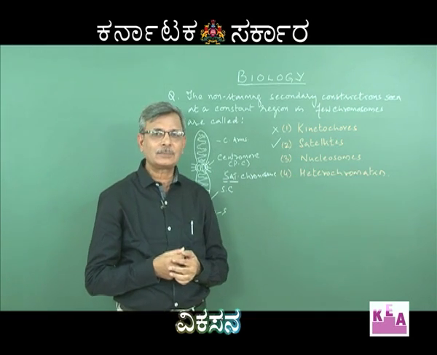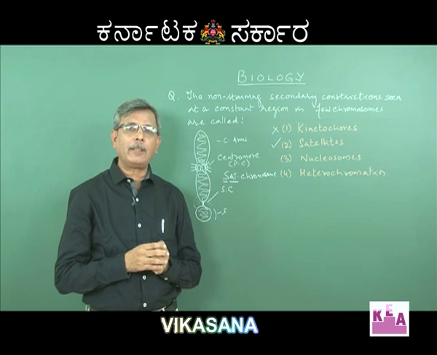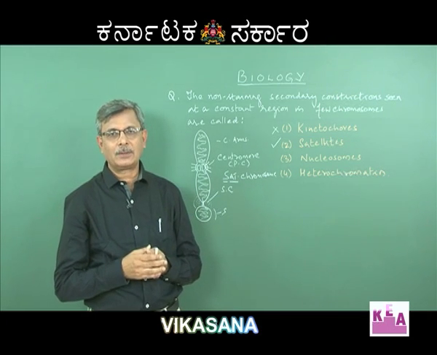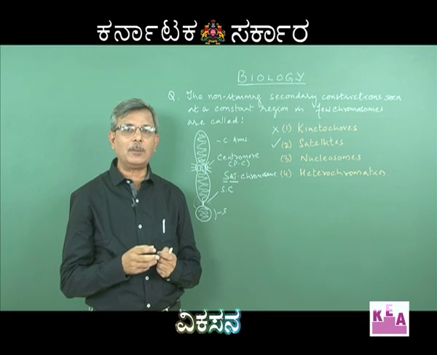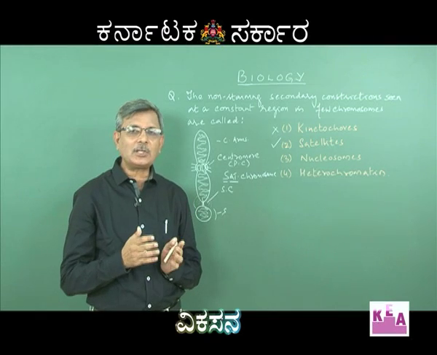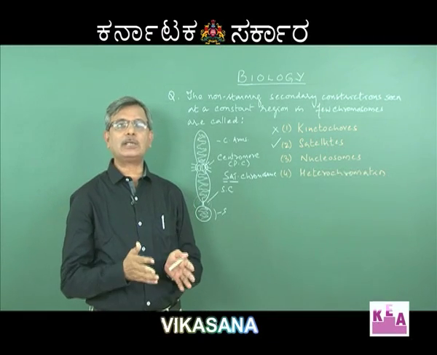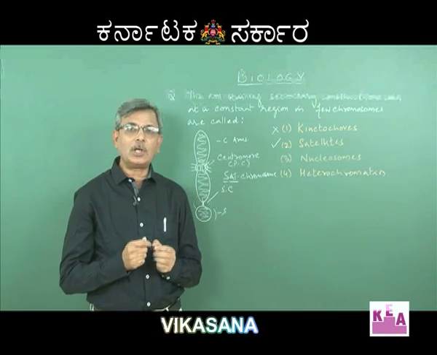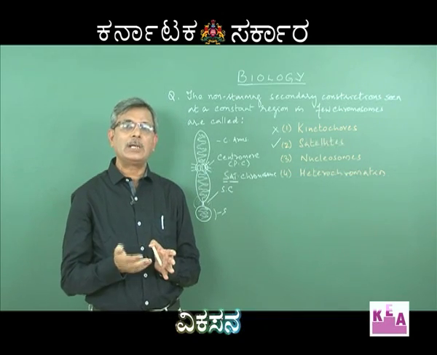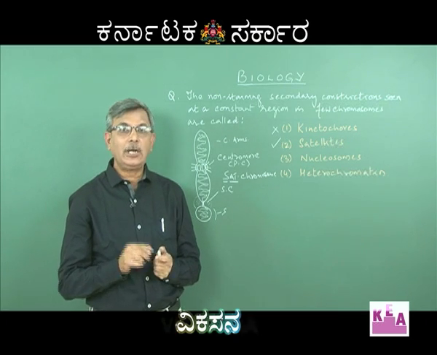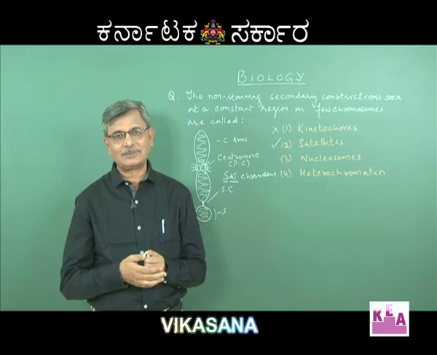Heterochromatin. When we are going to stain the chromosome of prophase, during prophase chromatin undergoes condensation. Some of the regions are going to be more condensed and some regions are less condensed. When you are going to stain them, the regions which are more condensed are going to take deep stain, and we call such areas heterochromatin areas.